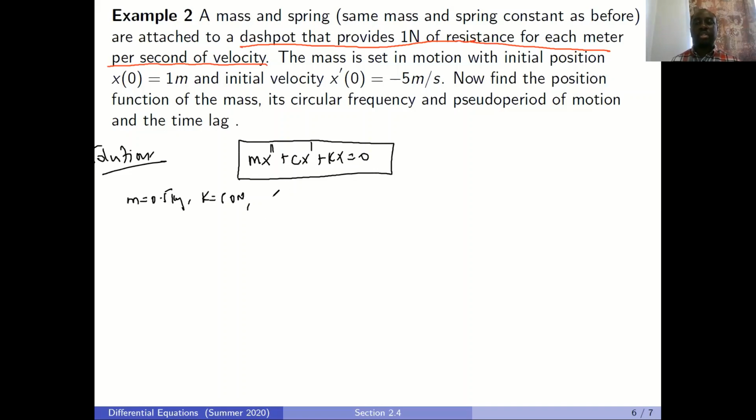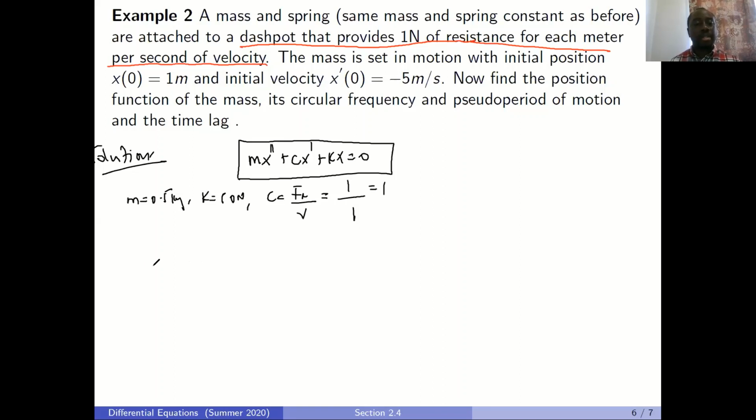Now we're going to use the fact that the damping force is proportional to the velocity, which means that the constant c is the ratio of the damping force over the velocity. Let's use v for the velocity. In this case, my dashpot provides 1 Newton of resistance for a velocity of 1 meter per second, so my c is 1.